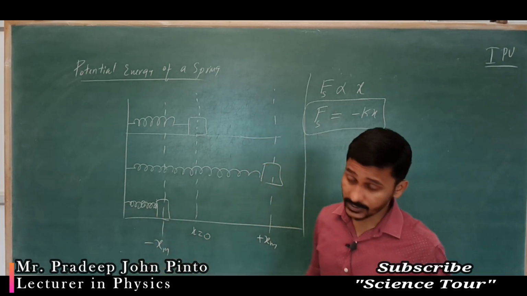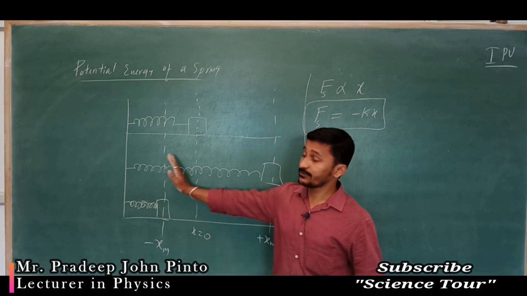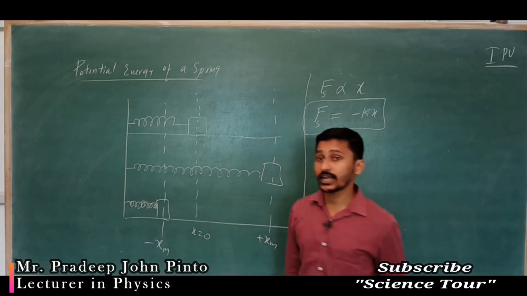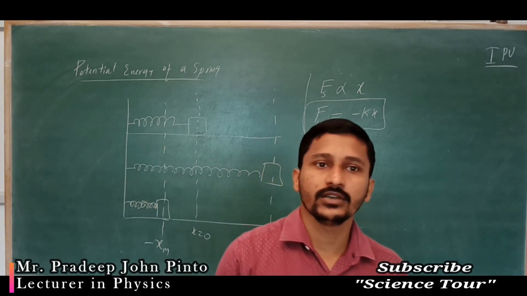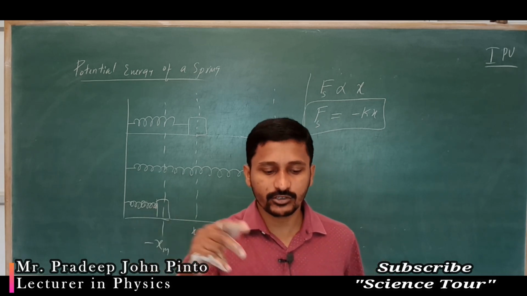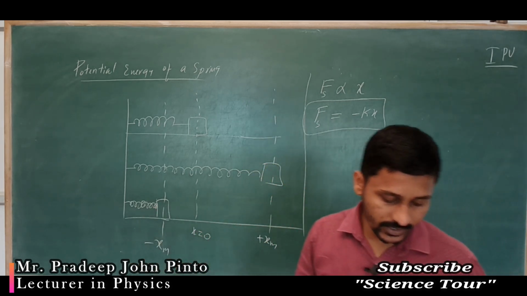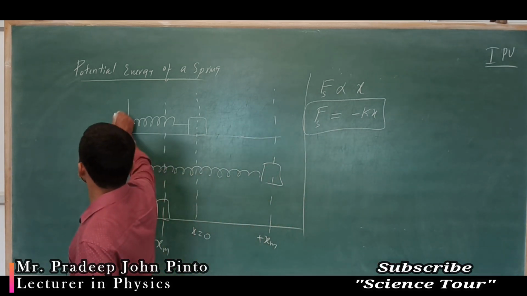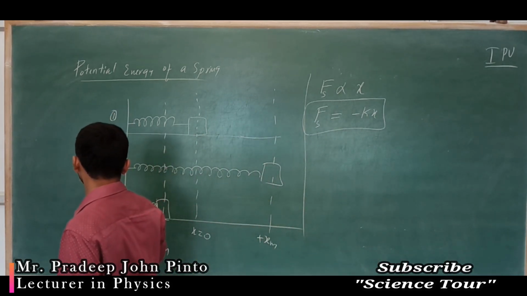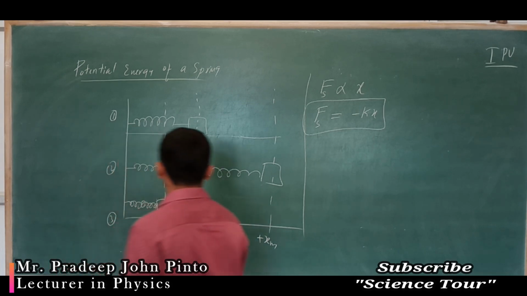Because I don't know the spring force, I apply my force, and the same force I get back from the spring. So this is the first case, this is the second case, this is the third case.